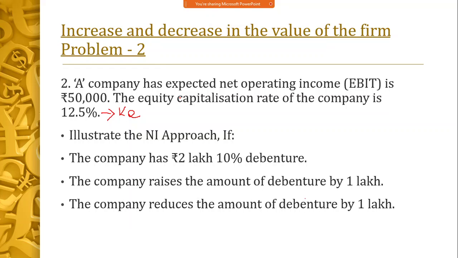Because when we have EBIT, what we usually do is we deduct the interest and tax, and we have in our hand the net income that would be available for equity shareholders. Now, once after we have that, we would be dividing it with equity capitalization rate, so that we know the market value of equity shares of the company.